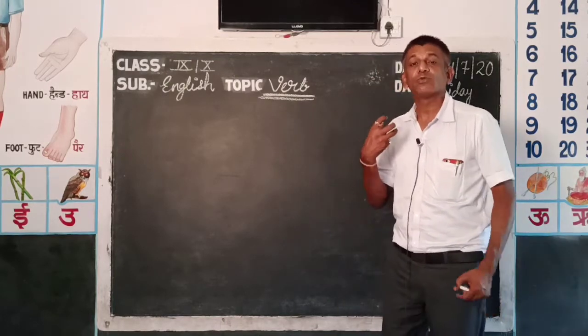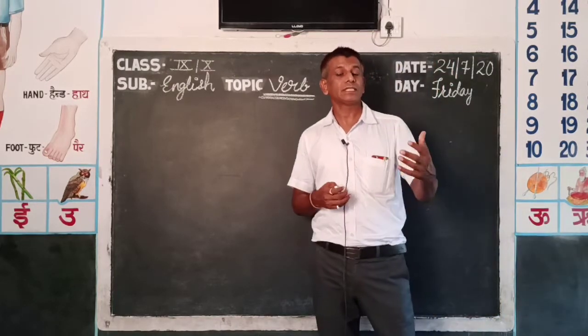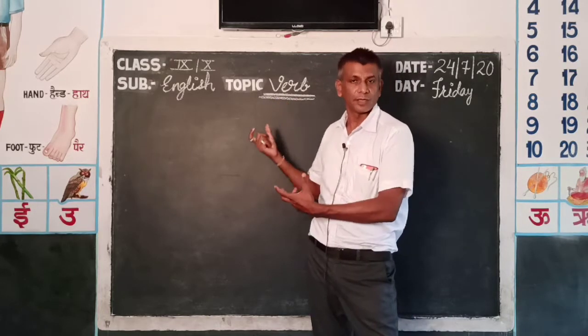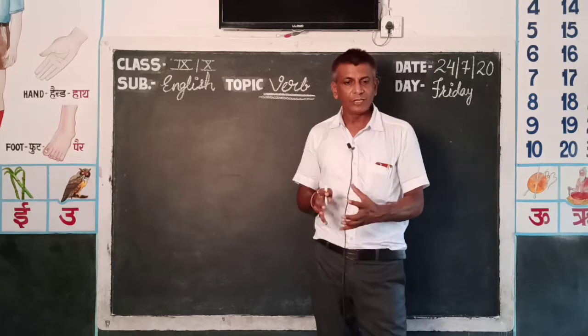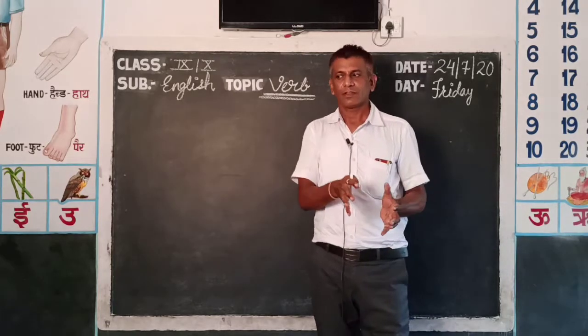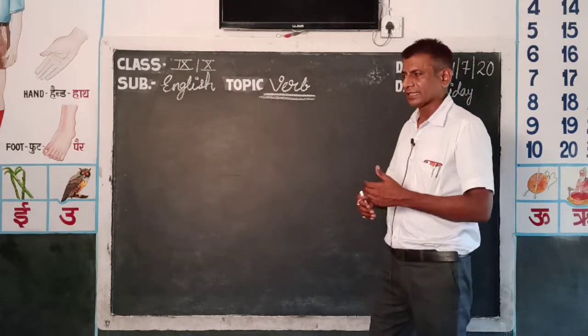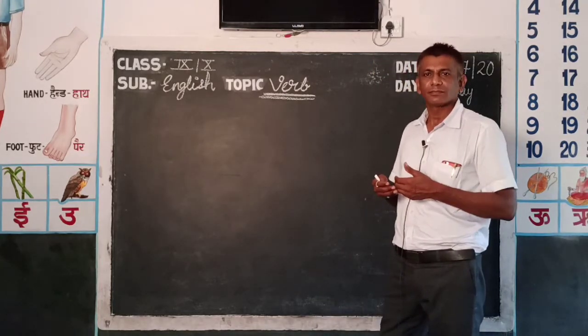When we talk about the verb, what do you understand by the word verb? It means when you do any action, any activity or any movement, that comes in the verb.